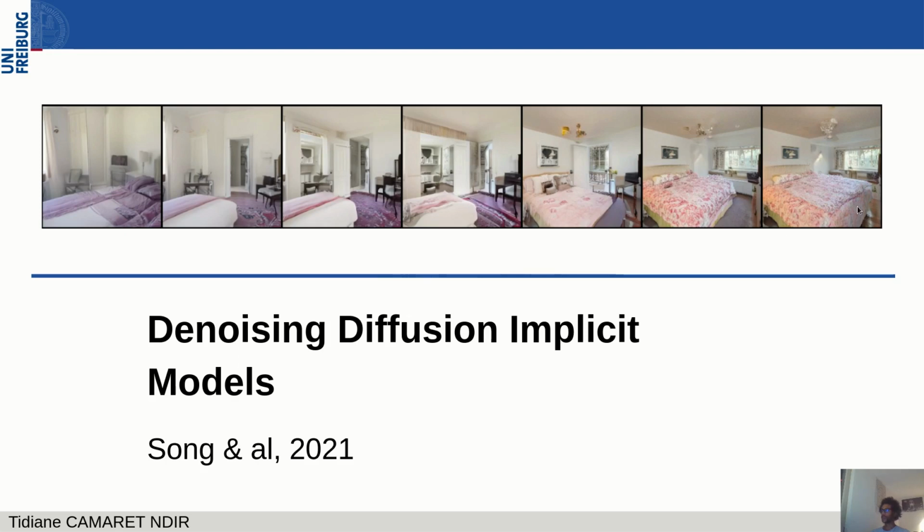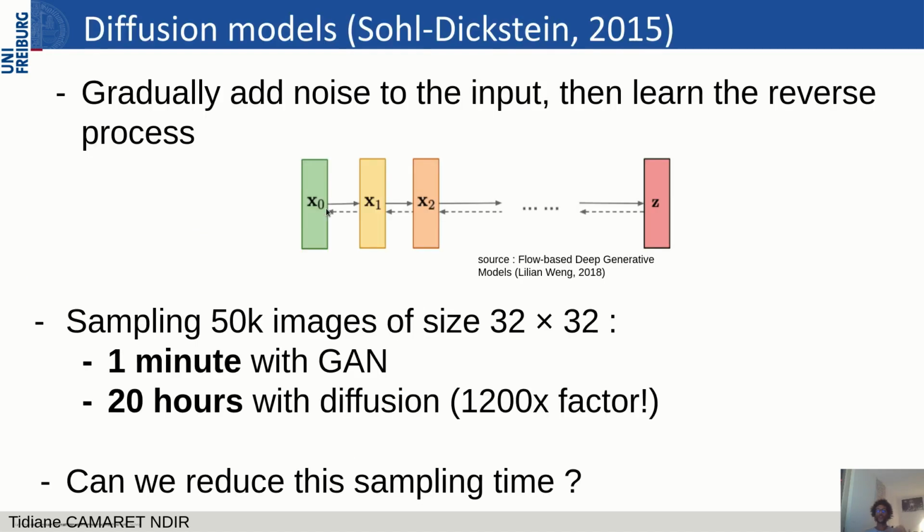You see two images and you see that there is meaningful interpolation with a lot of semantic elements kept between two neighbors.